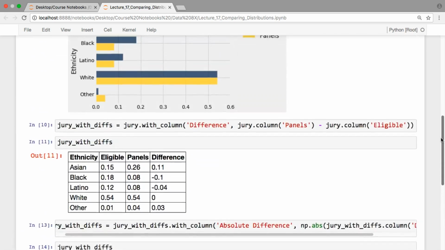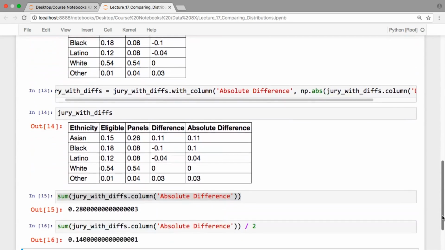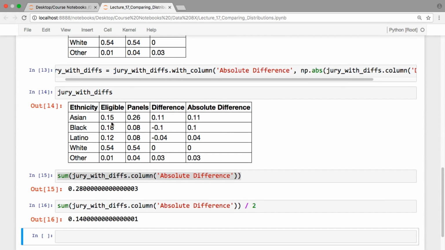It quantifies how far the gold histogram, the gold bar chart, is from the blue. To calculate the total variation distance, we find the differences in the individual categories, take the absolute values, add them all up, and divide by 2.